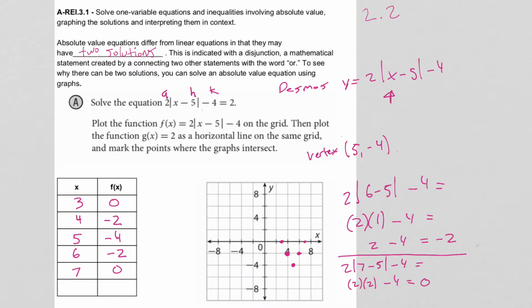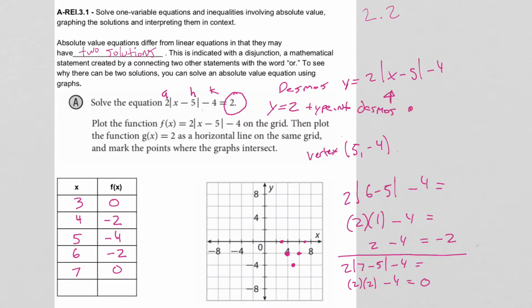Now all this so far is the same as what you've been doing over the last 3 or 4 days. The only difference here is now you want to find out when this thing is equal to 2. So one way you can do that when you're using a graph is you can actually draw the line y equals 2. And this is something you could also type into Desmos.